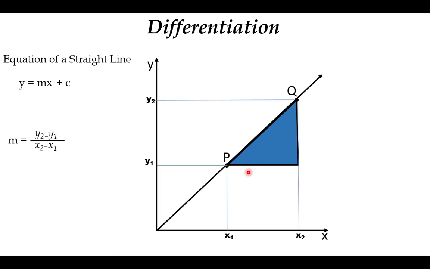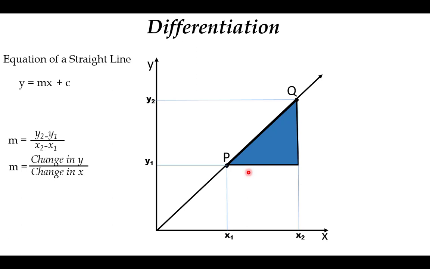Good. So x2 minus x1. So our y2 minus y1 all over x2 minus x1 we say is slope. Remember, one thing we said was slope is equal to change in y over change in x. Remember, differentiation says we use the notation of a d to represent change.